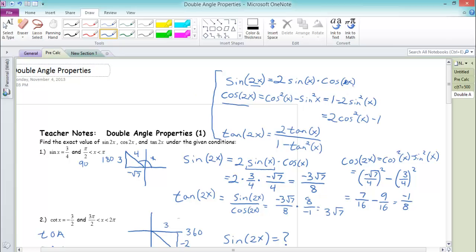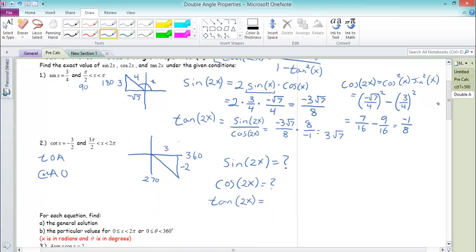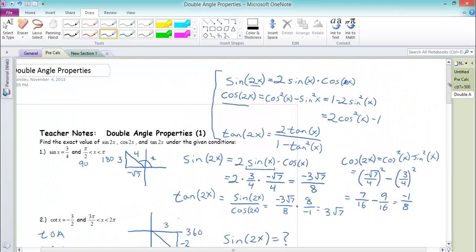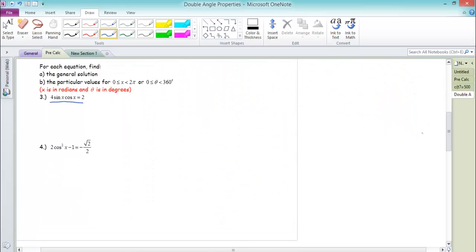I noticed that 4 sine x cosine x looks a whole lot like 2 sine x cosine x, so I'm going to divide both sides by 2. After dividing both sides by 2, I get 2 sine x cosine x is equal to 1.